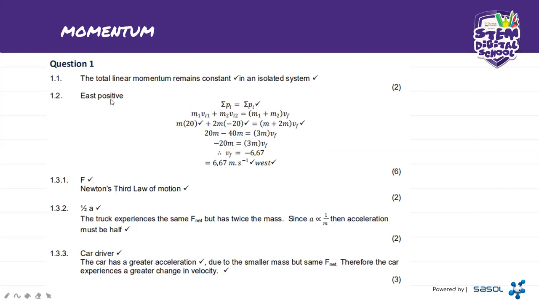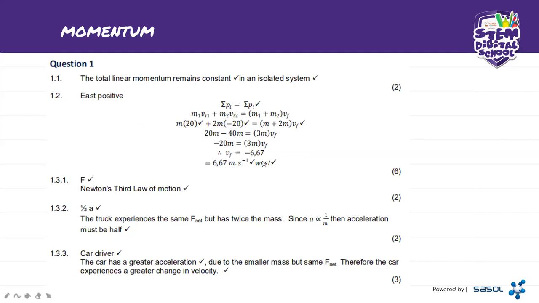Okay? Always make sure you choose a direction. So if east is positive and this is a minus, it means that it's going to be 6.67 meters per second to your west. You see how many marks you get just for rewriting your answer according to your SI unit and according to direction. Remember, guys, when you work with vector units, you always have your direction, and this is going to give you 2 marks.